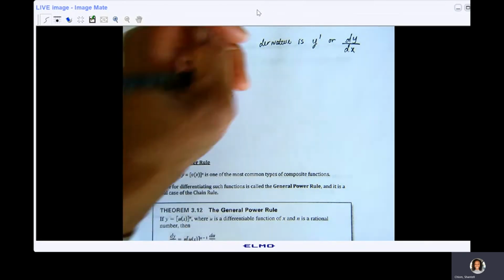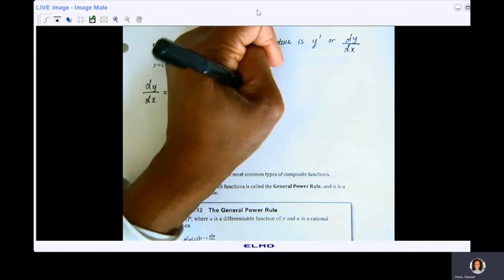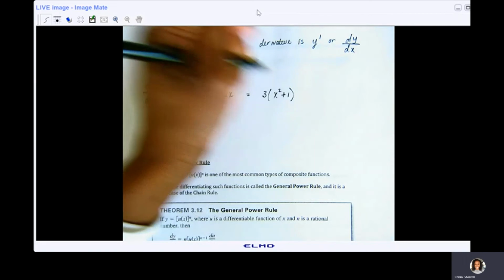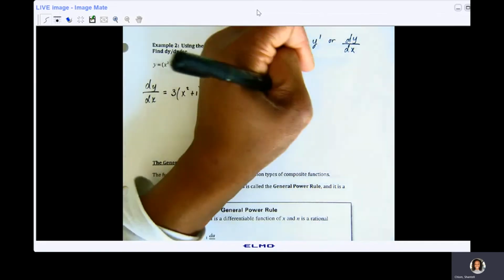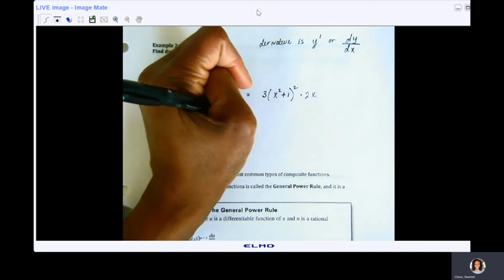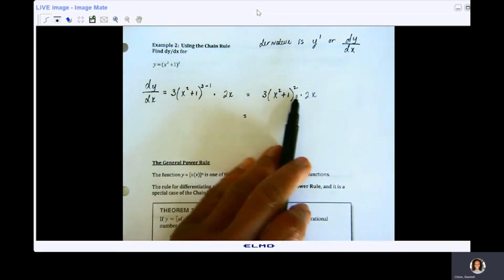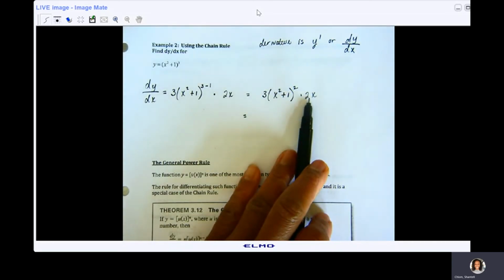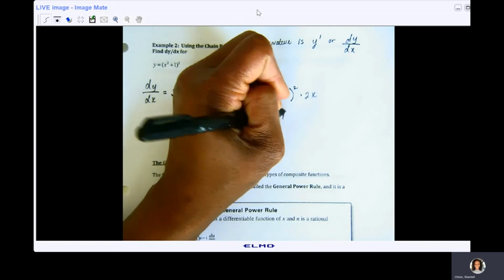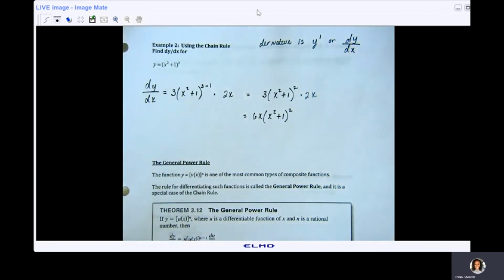So that would just drop off. So I would clean this up. So right now I have 3, and I've got x squared plus 1, there's the second power, and then I've got times 2x. So I would simplify that a bit more here. Bring the 2x up front with the 3, and that gives me 6x. And then I have x squared plus 1 all squared.